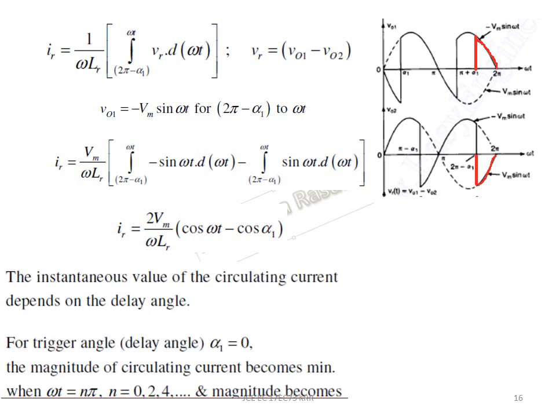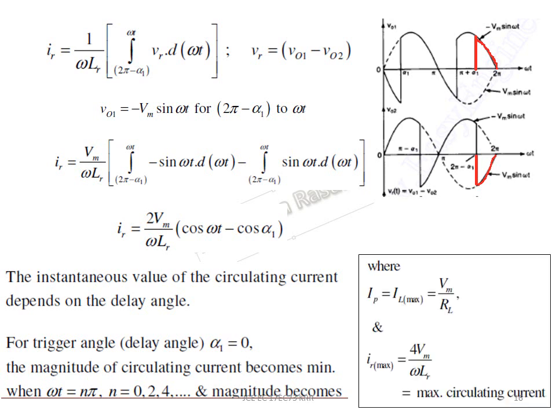So the instantaneous value of the circulating current depends upon the delay angle. So note that it is dependent on the delay angle. For trigger angle, let's say alpha 1 is 0, the magnitude of the circulating current becomes minimum when alpha 1 is 0. And when omega t is equal to n pi, where n is 0, 2, 4, the magnitude is going to become very high.